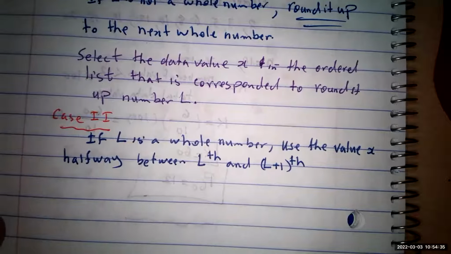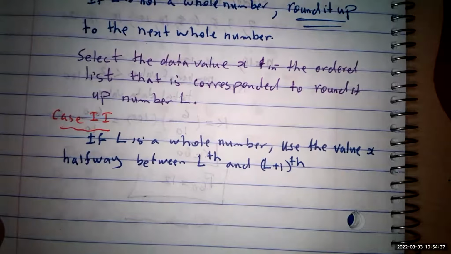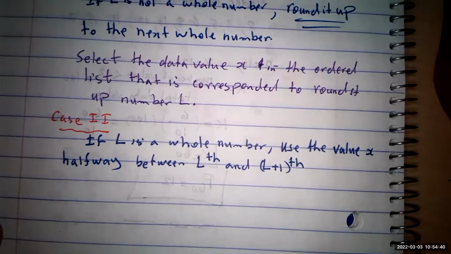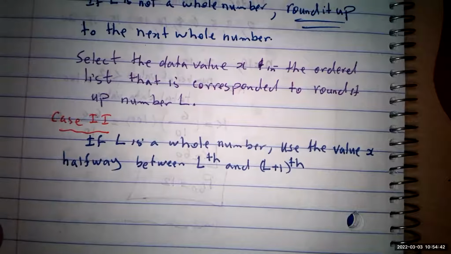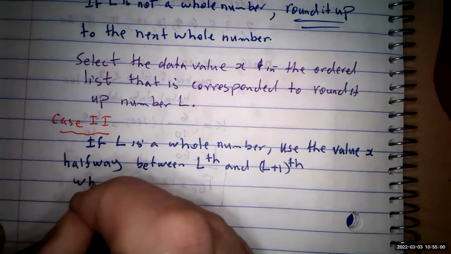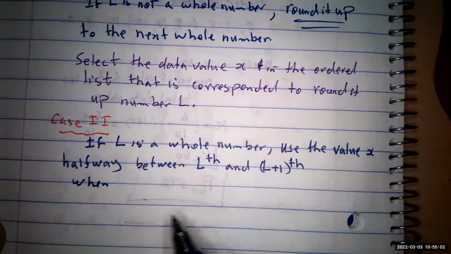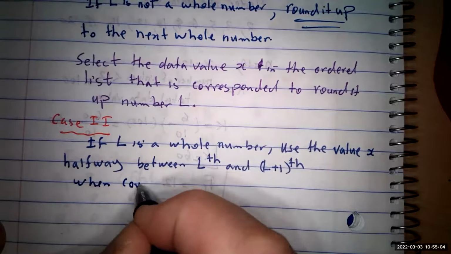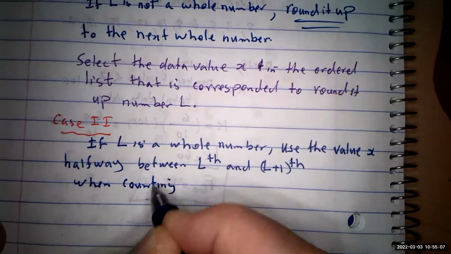So if you get a 4, you go to the list, pick the number at the 4th position and the number at the 5th position. Then you find the average: you add them together and divide by 2. So if L is a whole number, use the value X halfway between L and L plus 1, counting up from the ordered list.